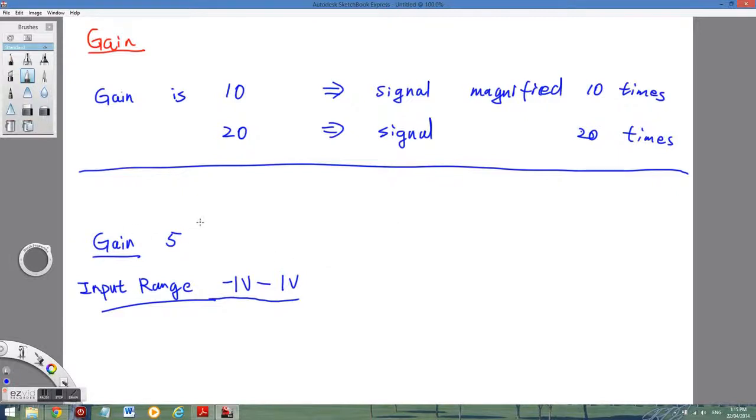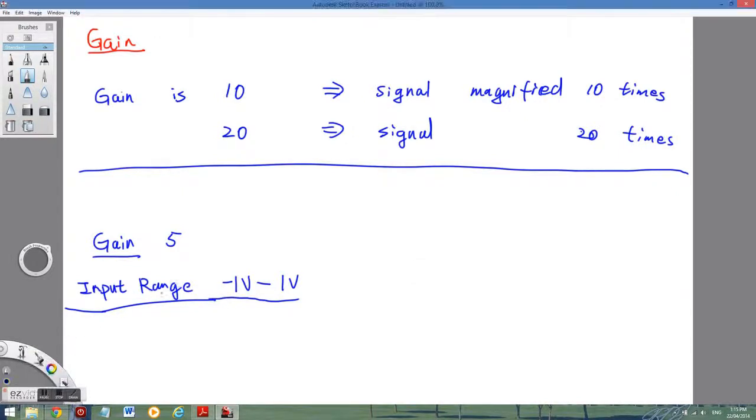What it means is the amplifier only has a gain of 5 within the input range of -1 volt to +1 volt. Ideally, we would like to make an amplifier that has a gain of 5 for all the voltages, but practically it is not possible.